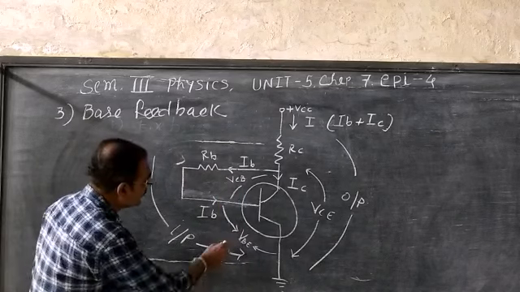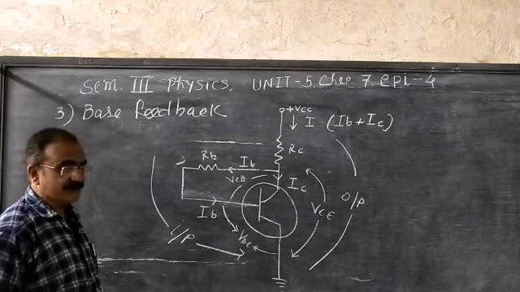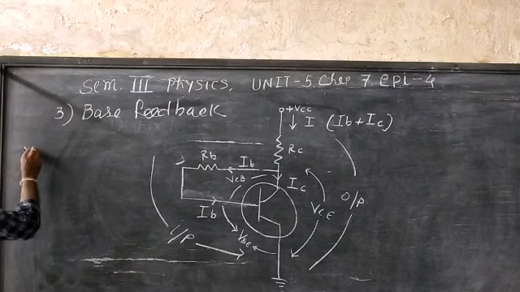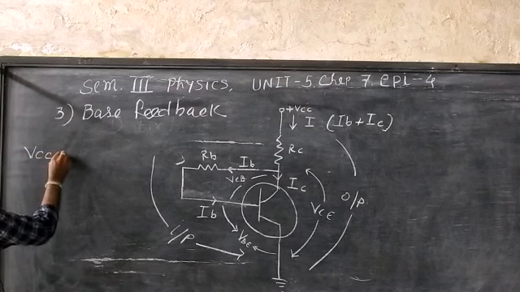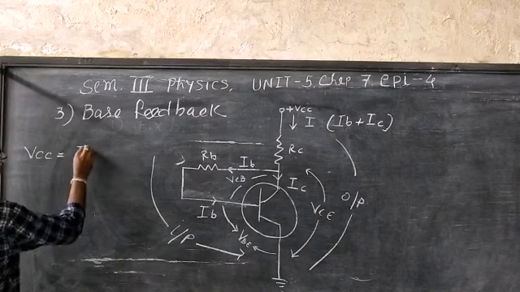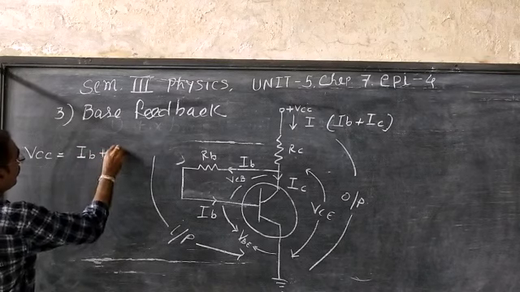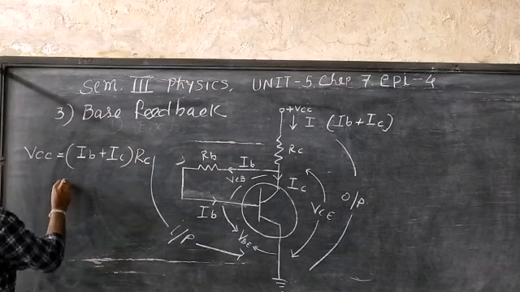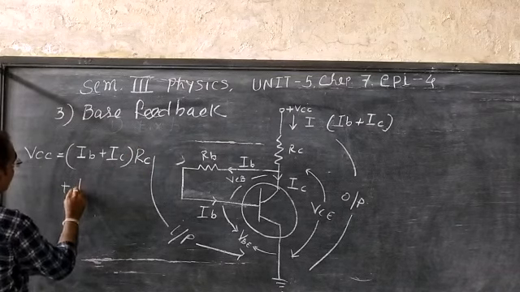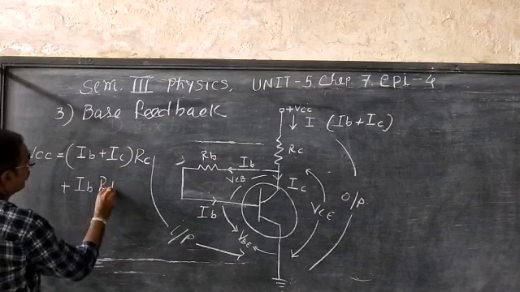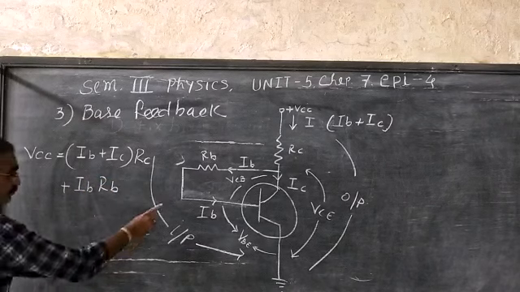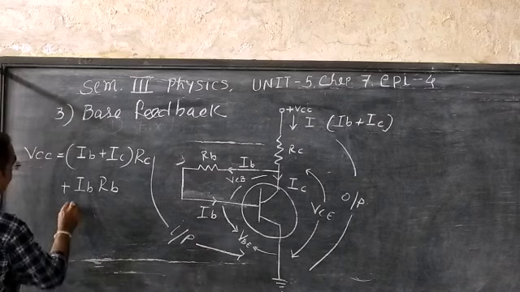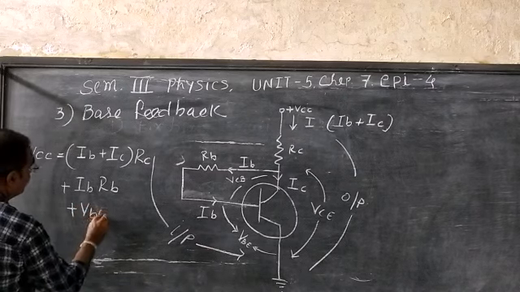And here the voltage drop is VBE. So as per Kirchhoff's second law, VCC is equal to IB plus IC flowing through the RC resistance, plus IB RB, right? And we have the voltage drop VBE.